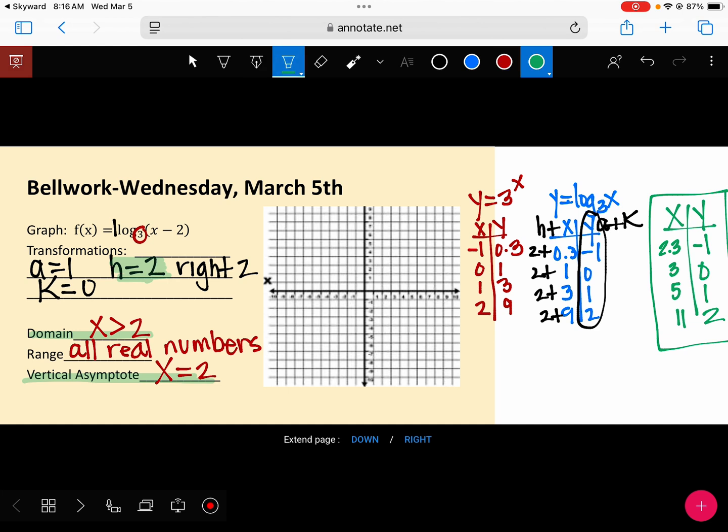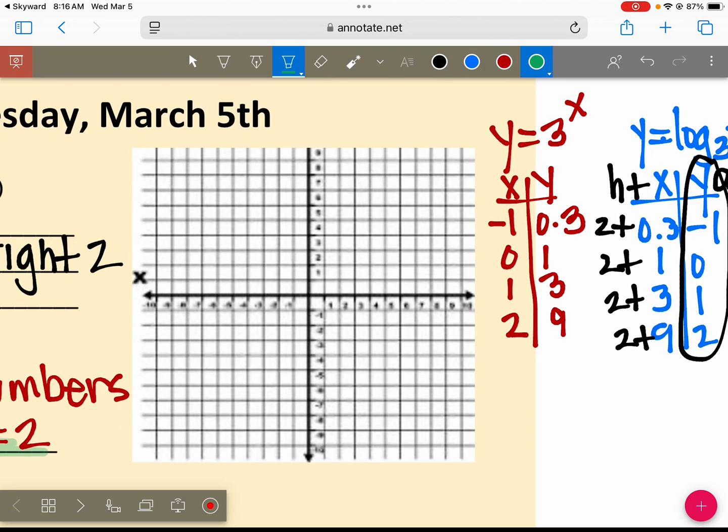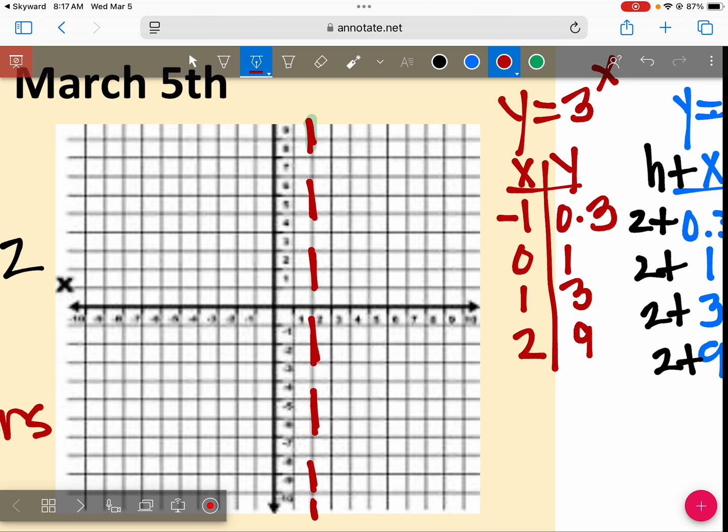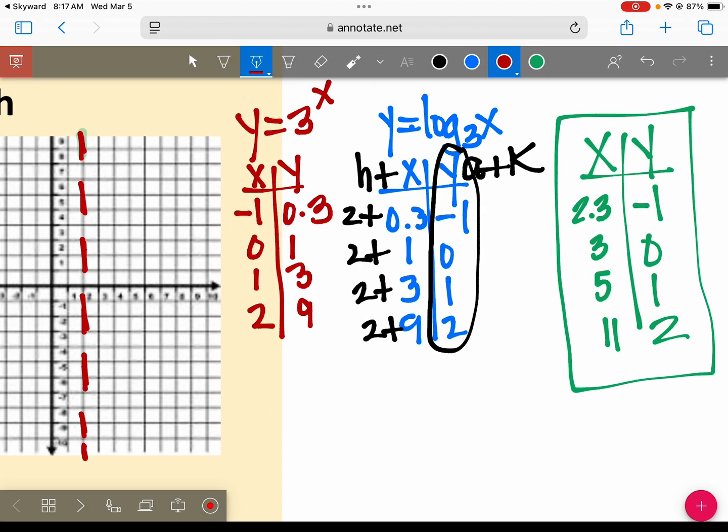So I'm going to go ahead, because of that vertical asymptote, I'm going to draw in, and this graph is horrible. Like, it is so blurry to me. I don't know if yours is blurry, but my vertical asymptote is here, and I'll zoom back out in a second. Go ahead and draw in the dashed line at x equals 2. And then I'm only graphing that green table.